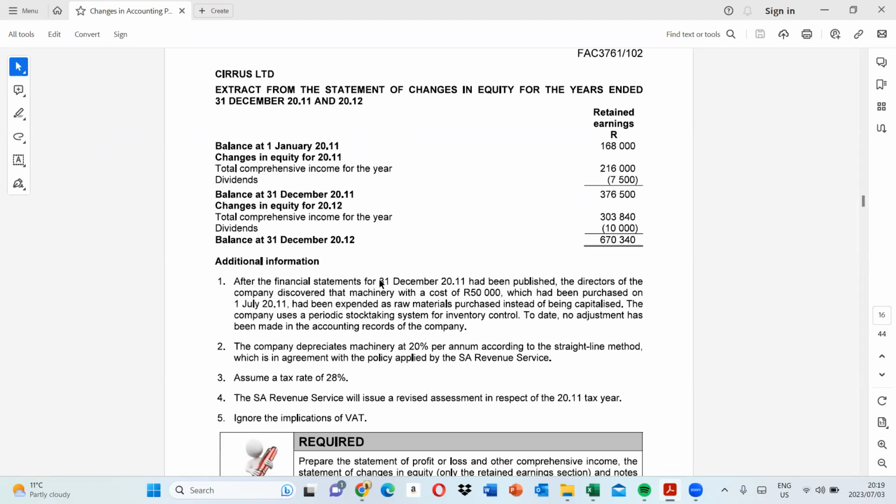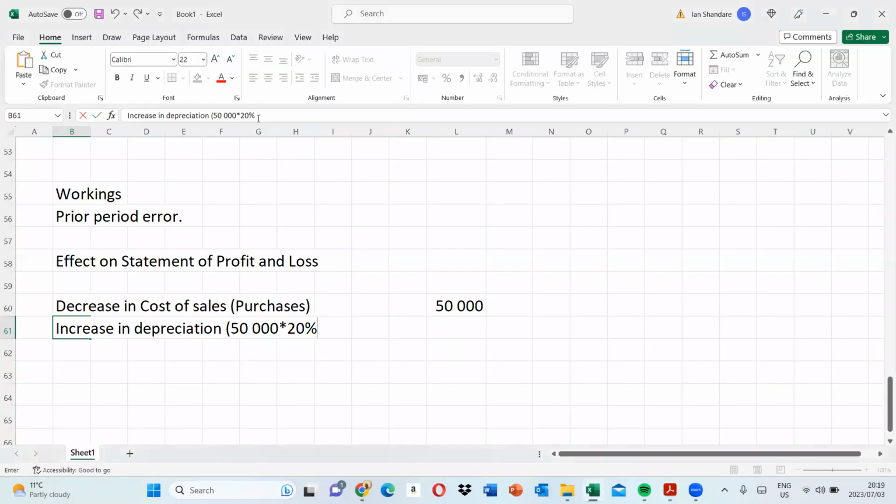What is our year end? 31 December, 2011. Can you see? We bought it 6 months before year end, so multiply with 6 out of 12. So this is the correct depreciation that we should recognize. We can record this one as a negative. So it's 50,000 times 20% times 6 out of 12.